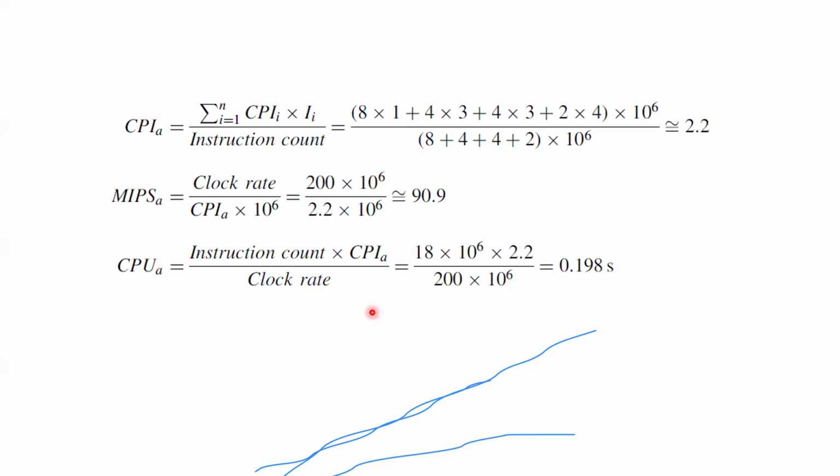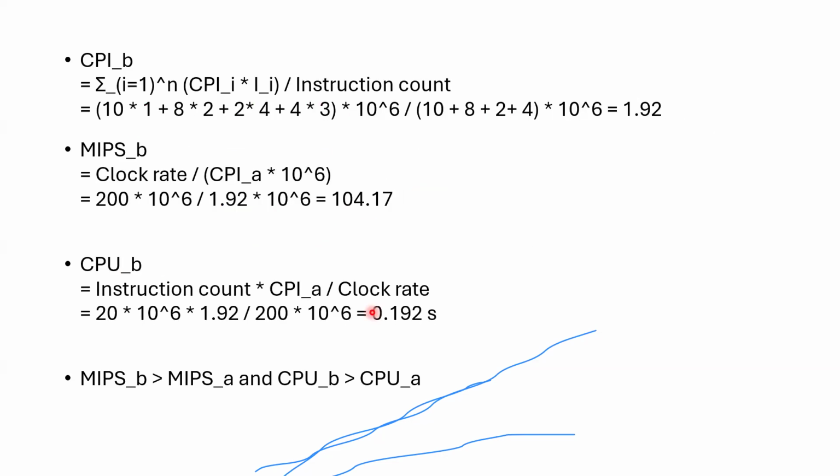Based on that, you can tell that B is faster than A. But it seems you were doing some calculation with the CPU. Does that mean that it will always tally, that CPU B is better than CPU A, in line with MIPS?